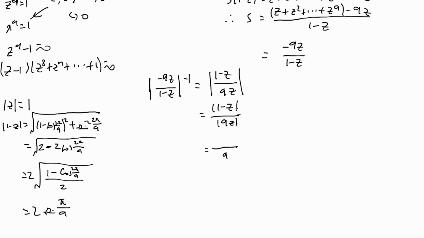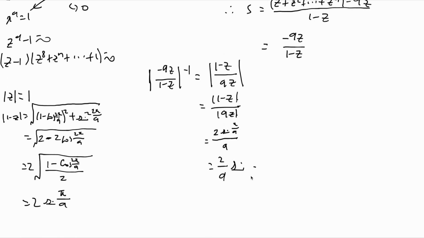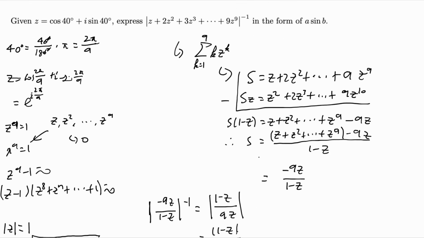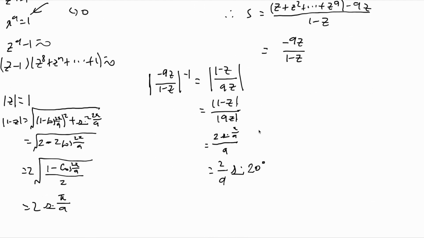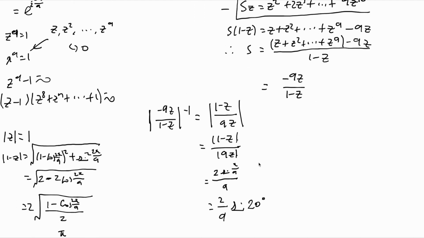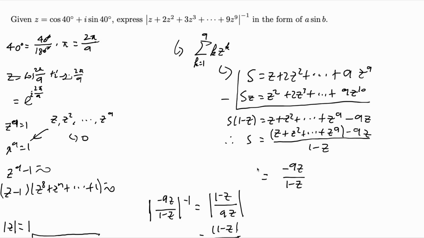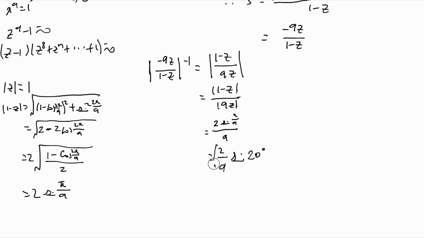It's half angle, so we know that this is equal to that. So let's write this. Then we get the form that we wanted: 9 over 2 sine of pi over 9, but pi over 9 is 20 degrees. The reason why we avoided radians here is because the problem gave us degrees, so by convention let's use degrees here. So I think this is the right answer. So yes, this is our final answer.